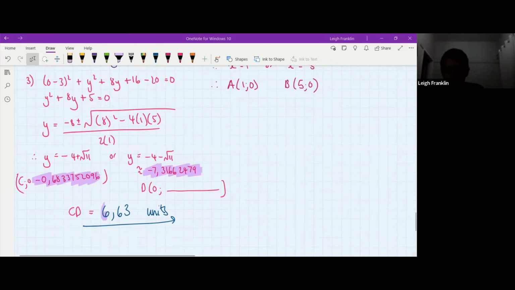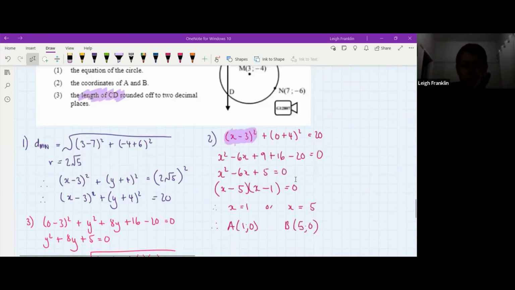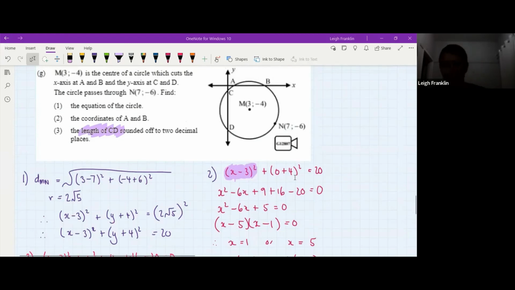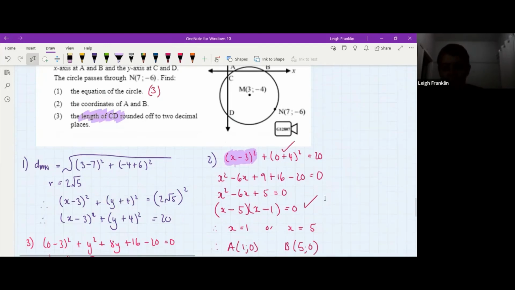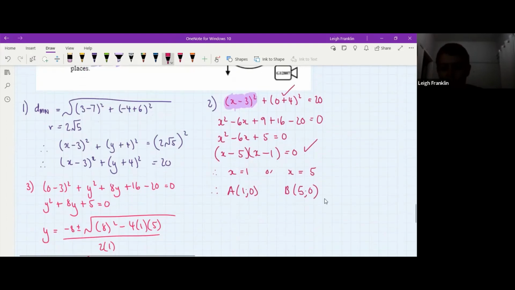Ma'am, how much should the whole question be out of? Well, finding the equation of the circle would probably be out of 3 marks. Then here there would be a mark for the 0, the mark for the factors, and then the mark for the answers.